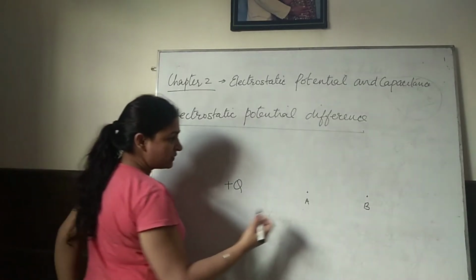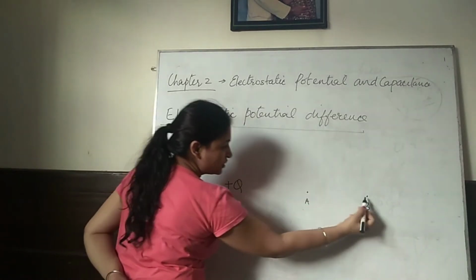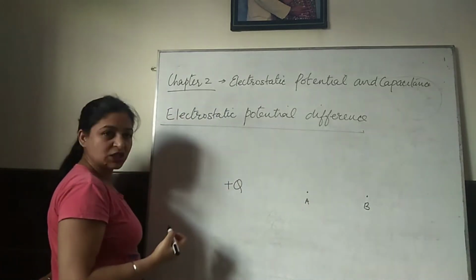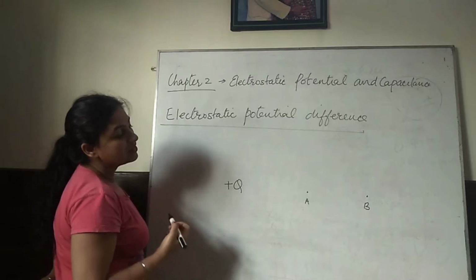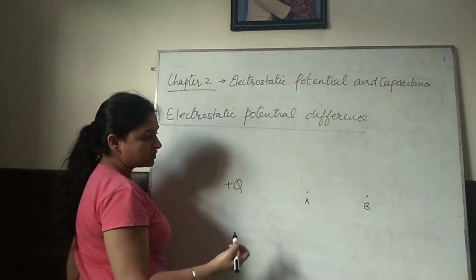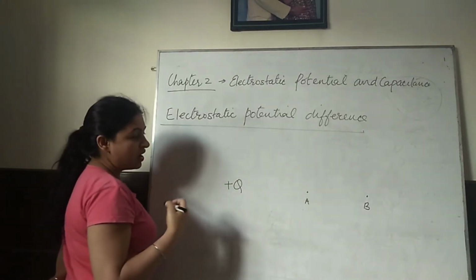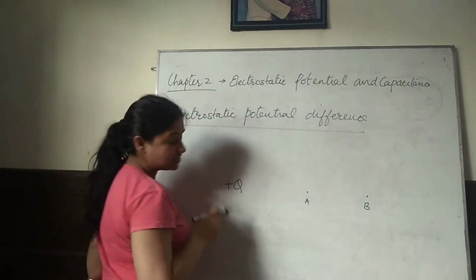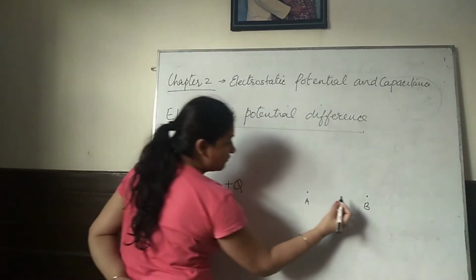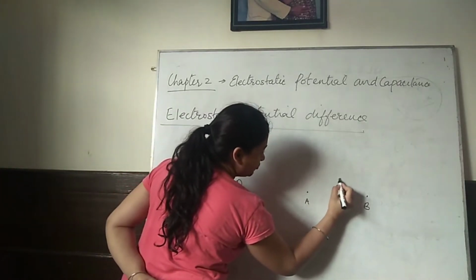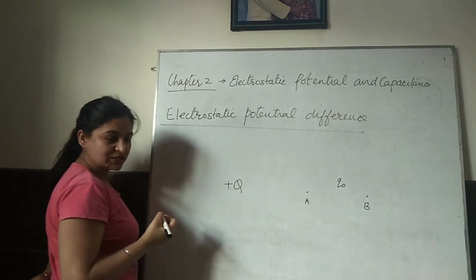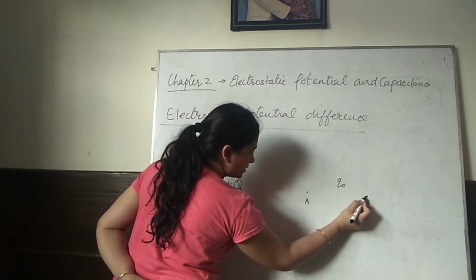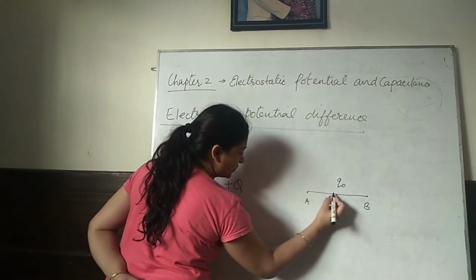Potential difference is what? Between these 2 points you want to find out the potential difference. So what you have to do? You have to find out the work done in bringing a test charge from one point to the other point. How much work we are going to do, that will give you the potential difference, and that test charge must have the unit value. For example, if Q0 is the test charge which we are bringing from point B to point A, let us consider we are bringing it from here to here.